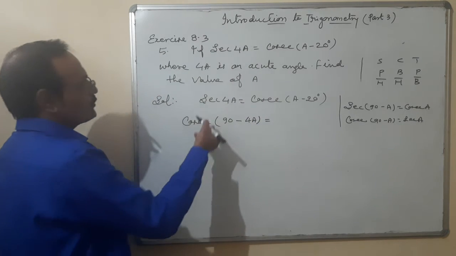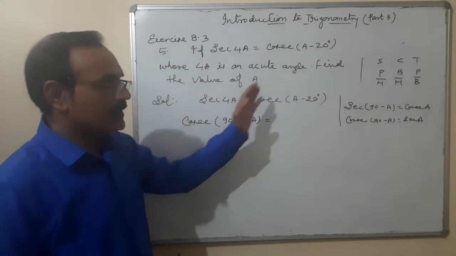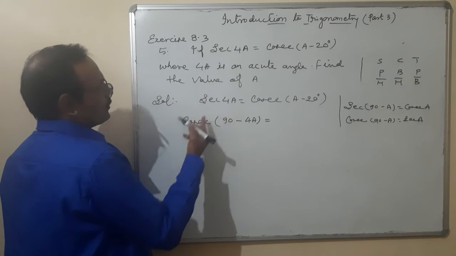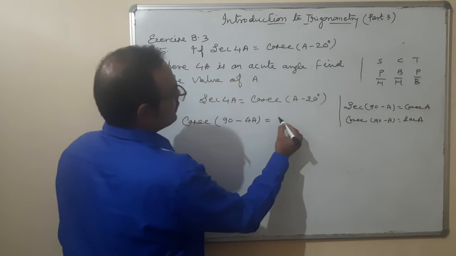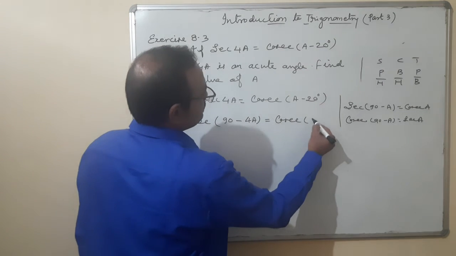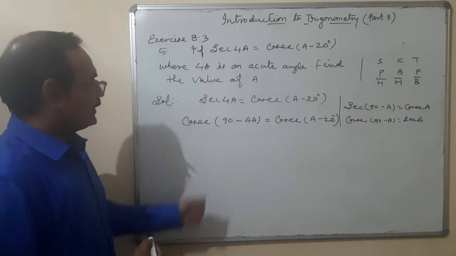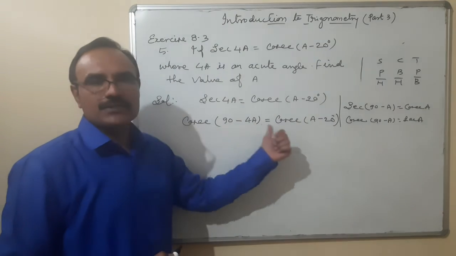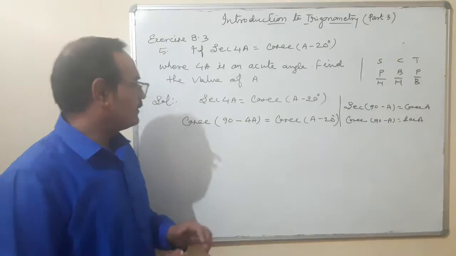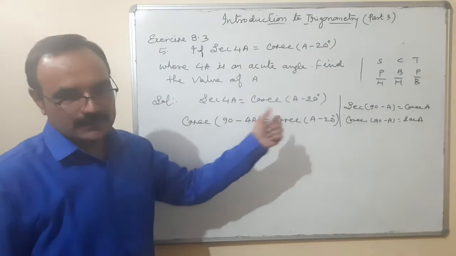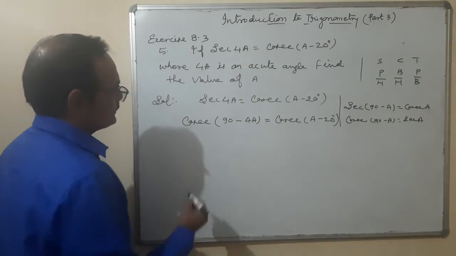Why have I changed into the form of cosec? So that the right hand side term is also cosec, and we can compare their angles directly. Cosec 90 minus 4a is equal to cosec a minus 20. Here both trigonometric ratios are the same, and we are not going to cut cosec and cosec. We are just comparing the angles.